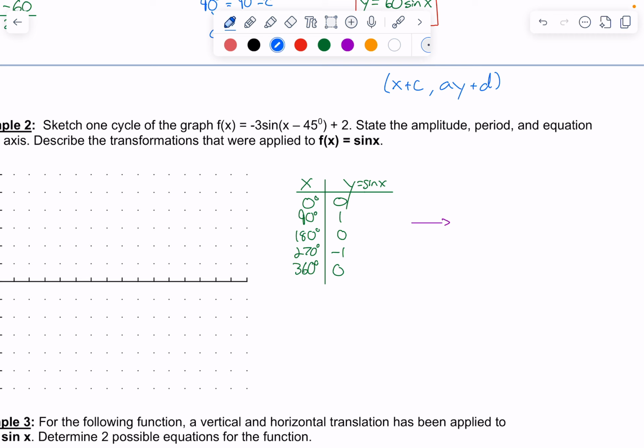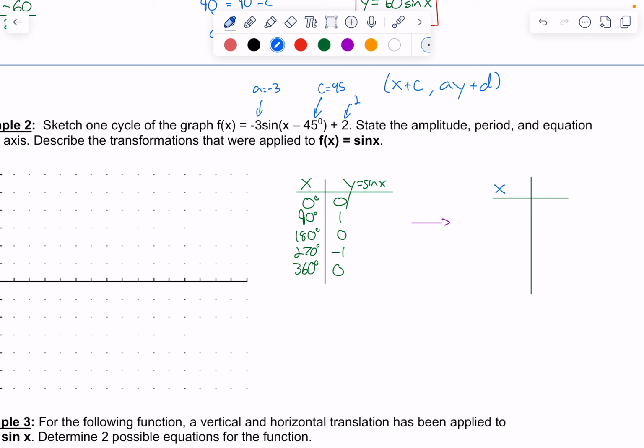Transforming them, well, let's make our chart again. So we're taking x, and what is our c value? Well, right here, it's 45. Your c is 45. Your d is 2, and your a is -3.